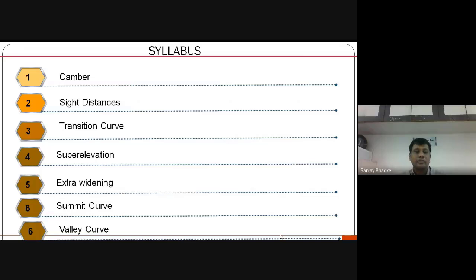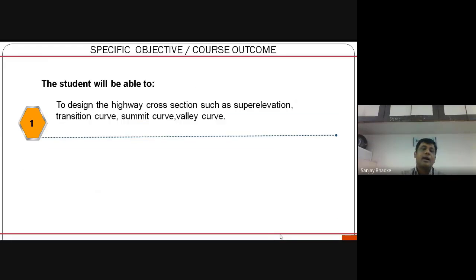What do you mean by extra widening, summit curves, and valley curves? All this was discussed in the last class, and through this a student can have a specific objective: he should know the design of highway cross sections such as super elevation, transition curve, summit curve, and valley curve. One should get the knowledge of all these things.